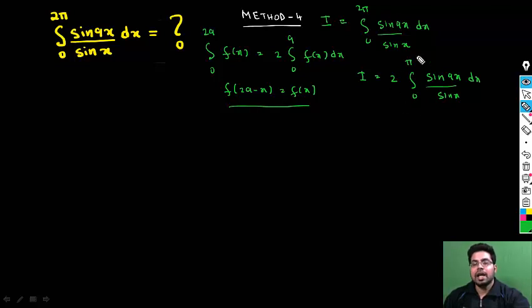Now again in this expression, if I put instead of x, pi minus x using this property, this will again remain unchanged. So again I will take 2 outside into 2 and this would become pi by 2. So this 2 into 2 is ultimately becoming 4. So let me write over here 4.